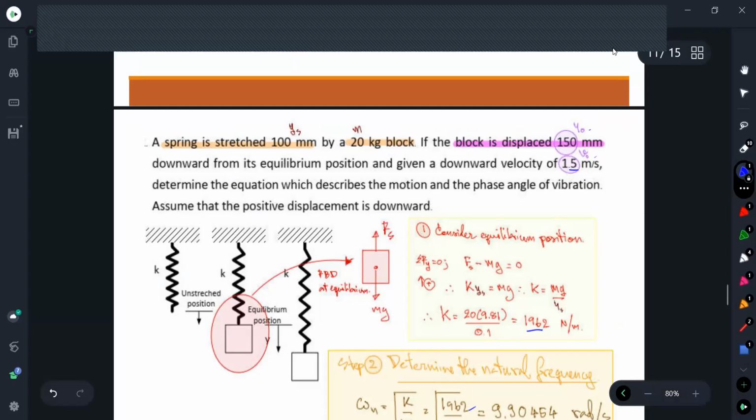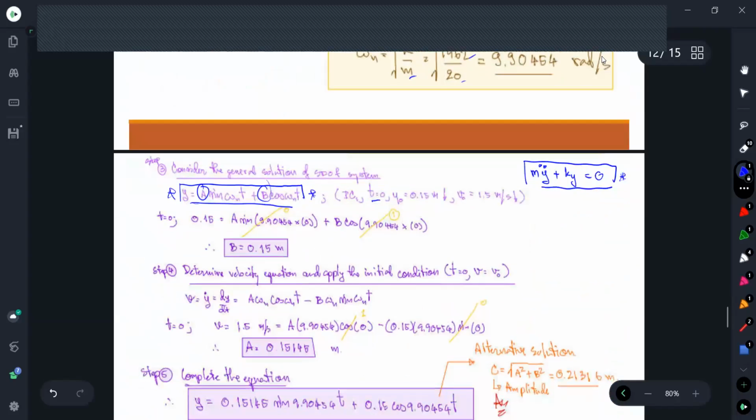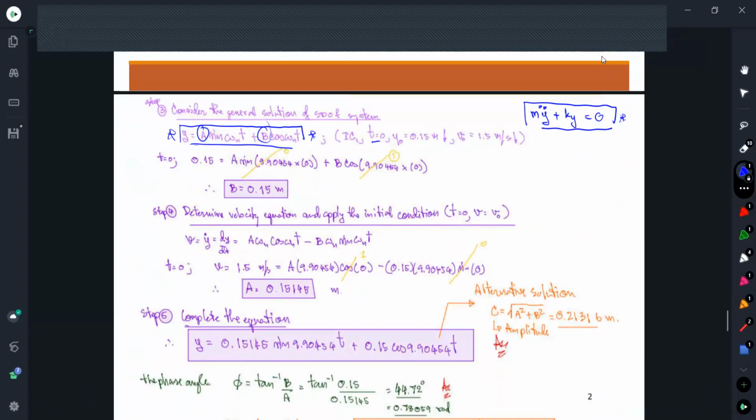That is y0 and v0 equal to 150 millimeter and 1.5 meter per second, respectively. So when time equals 0, y0 is 0.15 and v0 is 1.5, and both are downward.